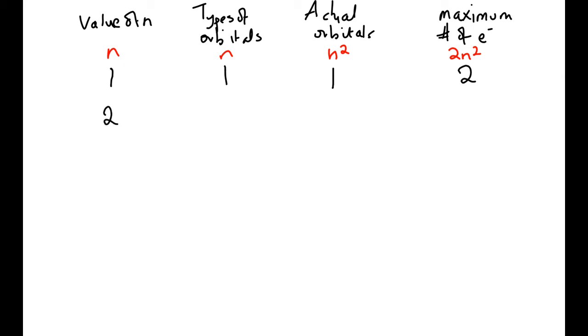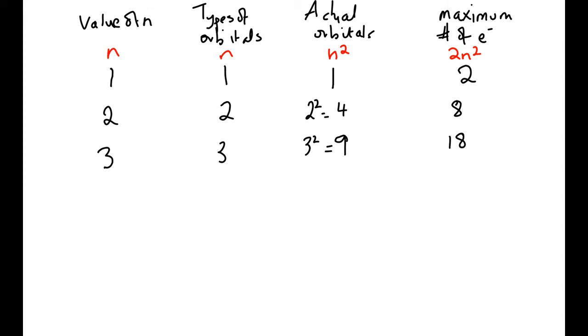So if our principal quantum number is 2, there's 2 types of orbitals. There's 2 squared, so 4 actual orbitals, and 8 electrons. For n equals 3, the third principal quantum number, there are 3 types of orbitals. So there's 9 actual orbitals, and you can hold a total of 18 electrons.